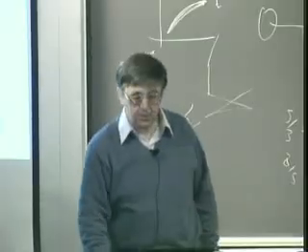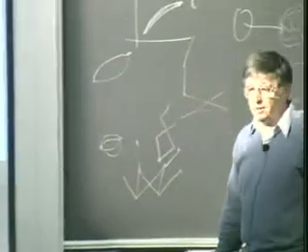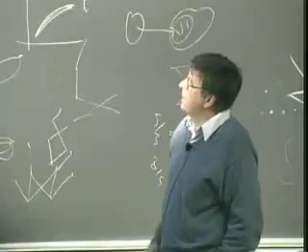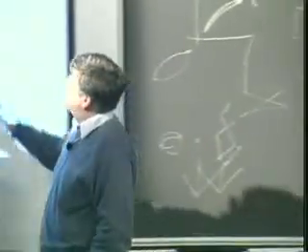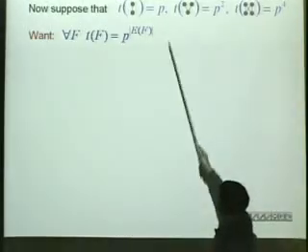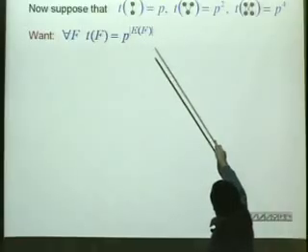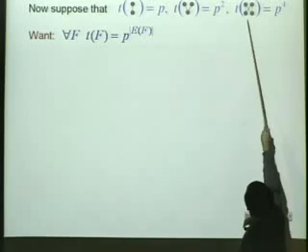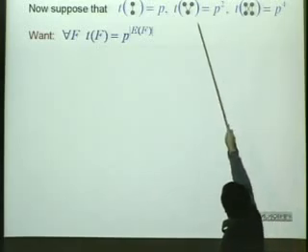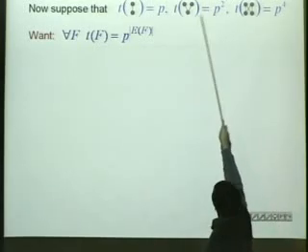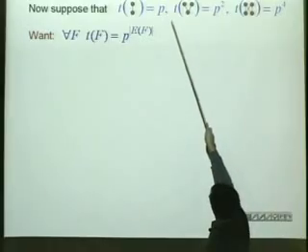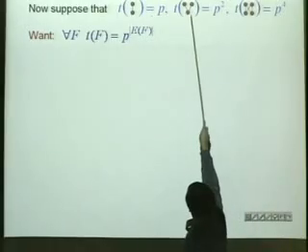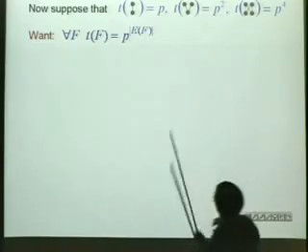Let's now return to the issue of quasi-random graphs. And suppose that t of a single edge is some p. Now, actually, I'm assuming that this is p to the 4th, but we already know that the square of this is less than this, and the square of this is less than or equal to this, so this must be equal to p squared.